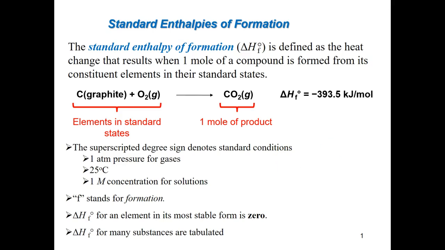We can find many delta HF superscript 0 values for all sorts of different substances in tables: appendices in the back of the books, tables in the middle of a book chapter. These aren't things that you need to memorize. They'll always be supplied for you. But remember, for elements in their standard state, that's most stable form, delta HF 0 is 0.